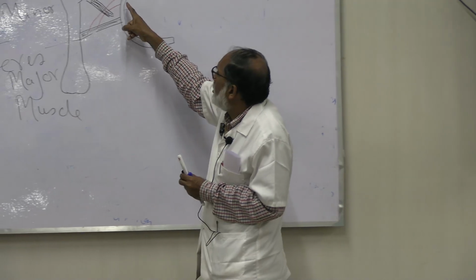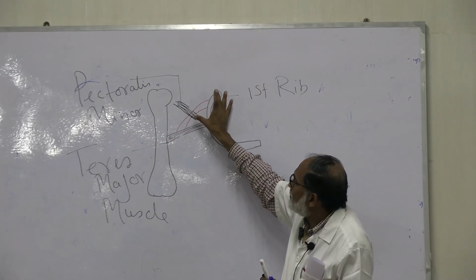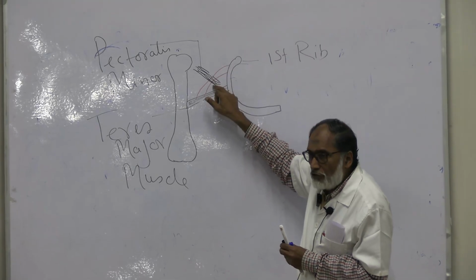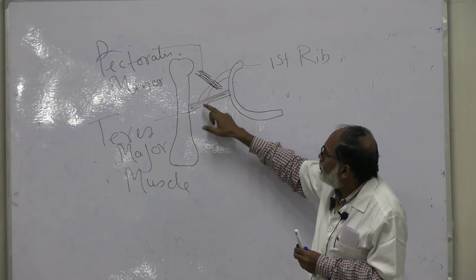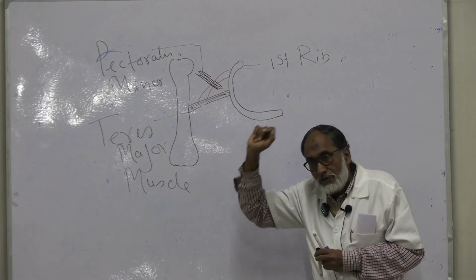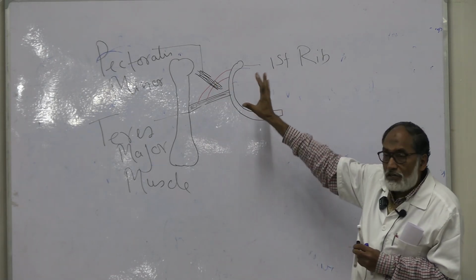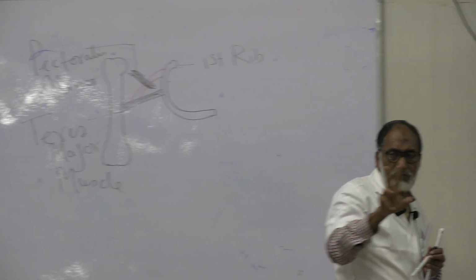The first part is from the outer border to the upper margin of the pectoralis minor. Deep to the pectoralis minor is the second part, and from the lower margin of the pectoralis minor up to the upper margin of the teres major is the third part. You know, the first part gives off one branch, the second part gives off two branches, and the third part gives off three branches.